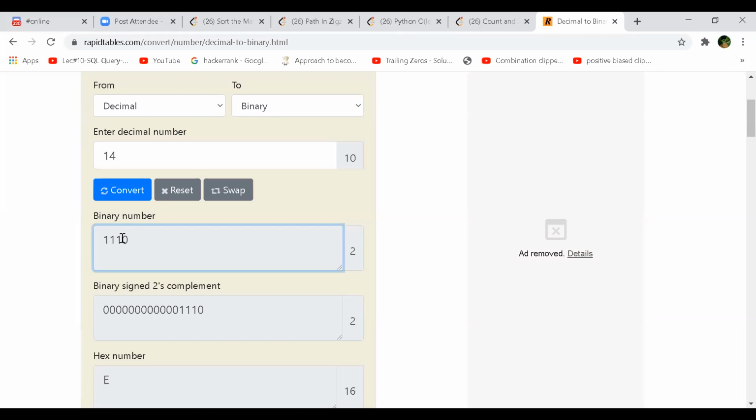I'm not taking the least significant bit, I'm finding the most significant bit. The most significant bit, if we start from the zero side, is at 1, 2, 3, and 4. This is the MSB, so MSB is at the fourth position, which means this number is at the fourth level.